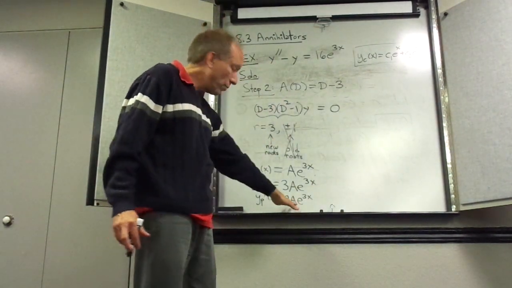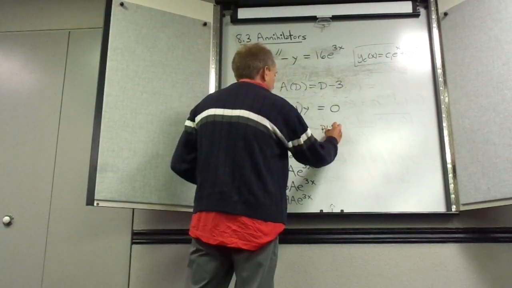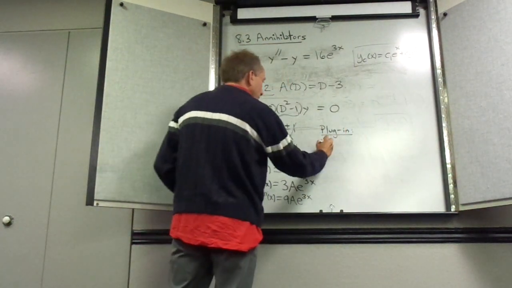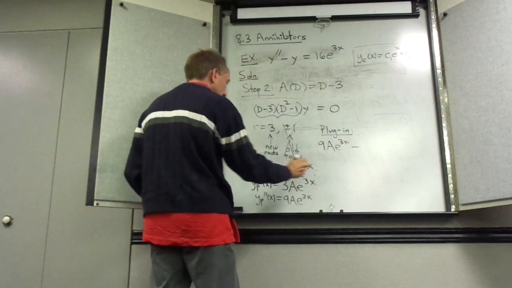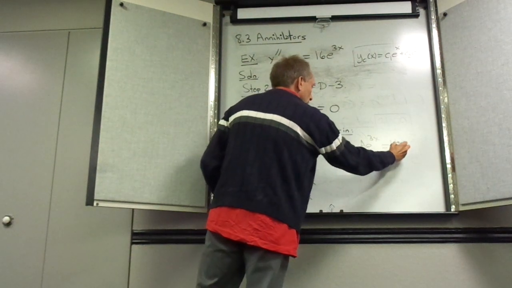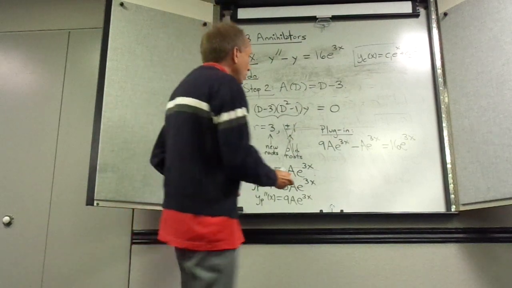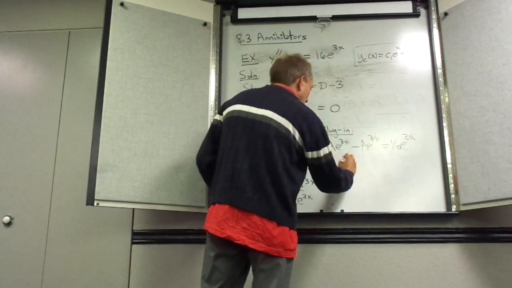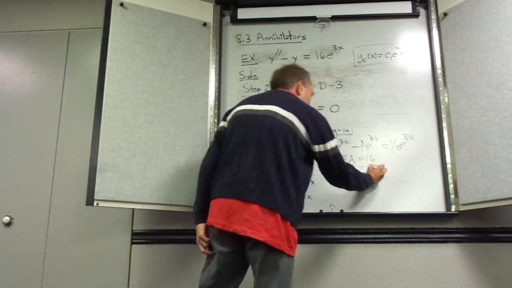If I plug in y sub p double prime, the second derivative is 9A e to the 3x minus the y itself, which was A e to the 3x. I'm going to set that equal to 16 e to the 3x. And you'll notice that the exponentials all cancel. You simply get 8A equal to 16, and that means that A is equal to 2.